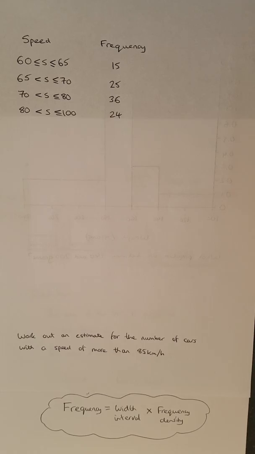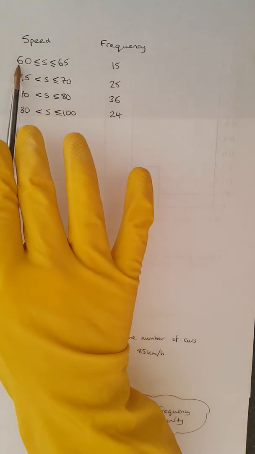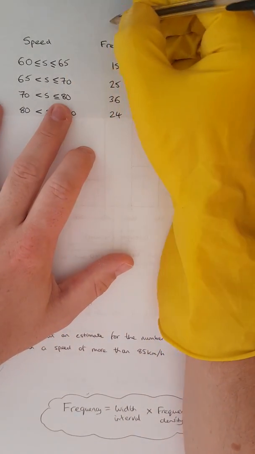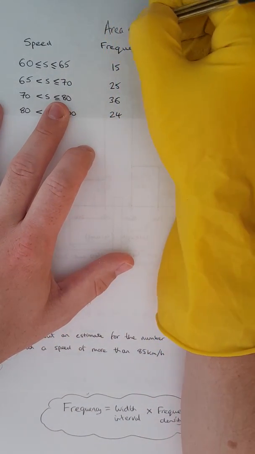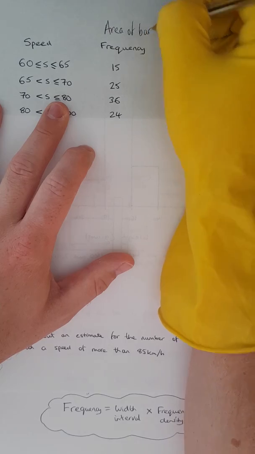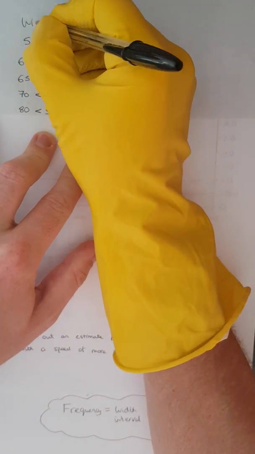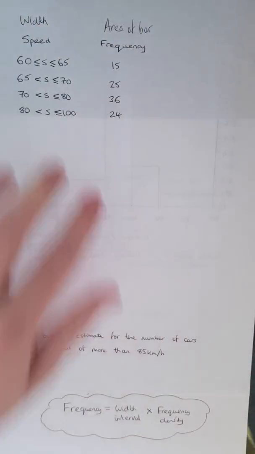You can see we've got speeds, which is a continuous item, and we've got frequencies, so I'm going to write area of bar on top of that to help us out. And I'm going to put width of bar on top of that.